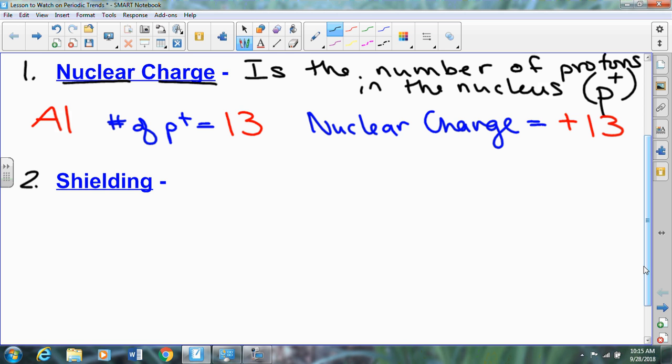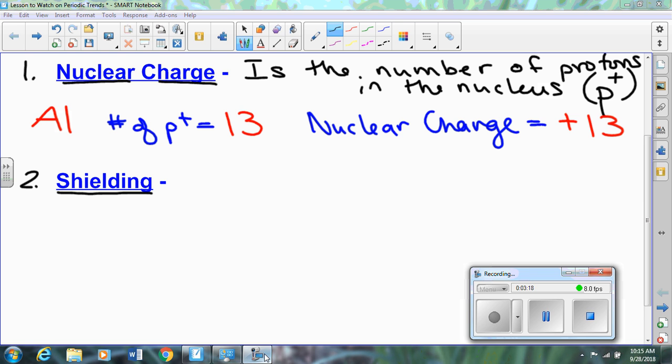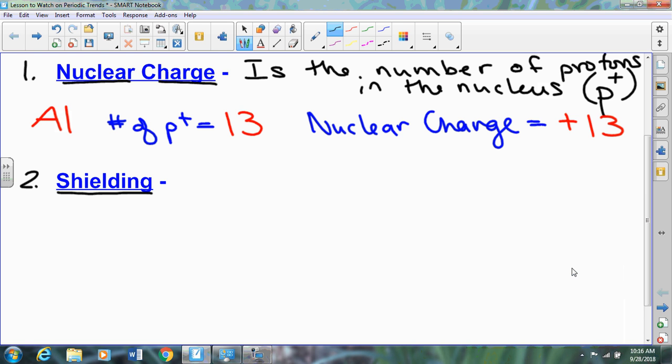The second factor that influences all trends is shielding. When you hear the word shielding, I'm hoping that you're thinking about shields, or about protection. When you think about shields or protection, often you think about protection being a distance or some barrier.